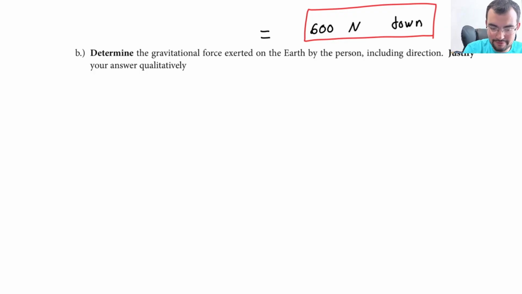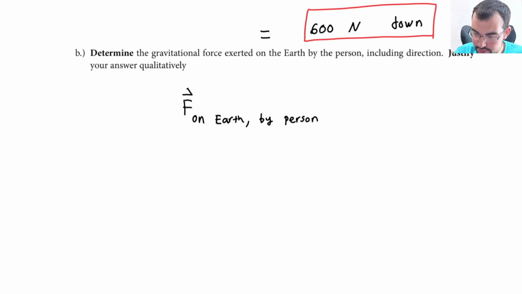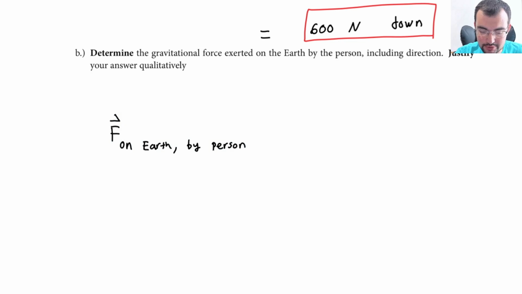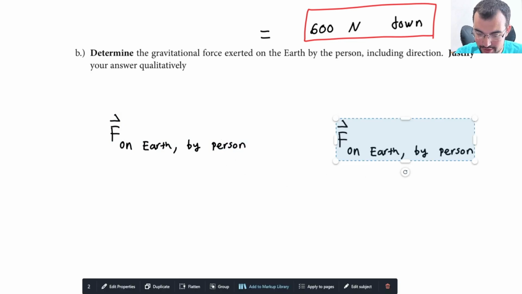So we know for a fact that anytime two objects interact, the forces are equal in magnitude and opposite in direction. So the force on the Earth by the person. And I'll copy paste one because I'm lazy, to show you what a Newton's third law swap looks like.